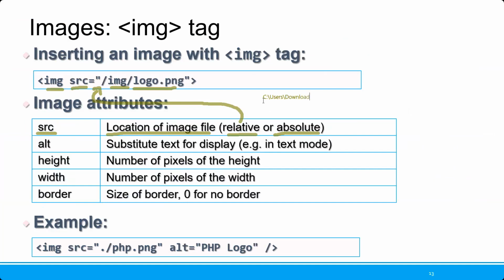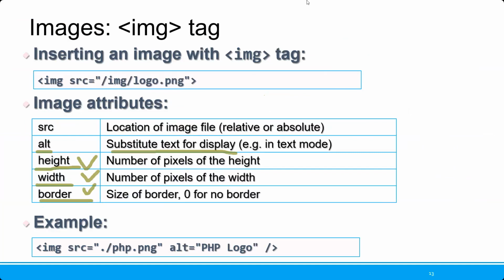So it is the absolute. You need to put what is the drive, what is the first folder, what is the next folder, and so on. ALT means alternate or alternative. It means if you cannot find your image, then it will be substituted with text. The others are just additional attributes to make sure that you have a specific height or width, or whether you want to have a border or not.